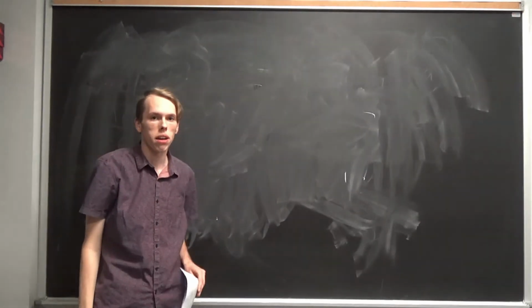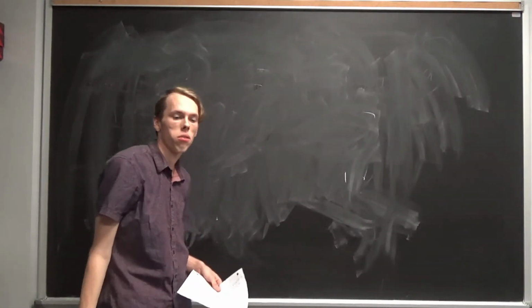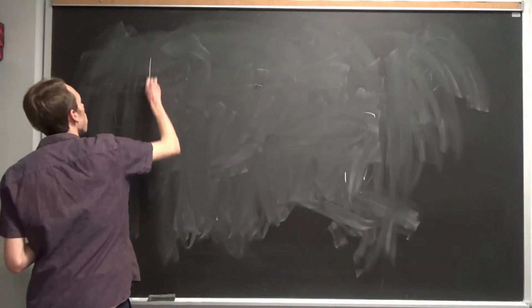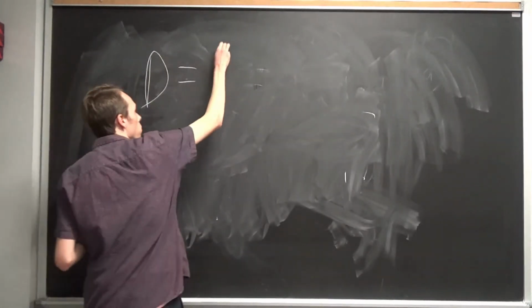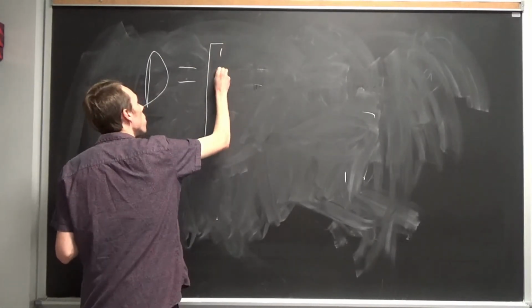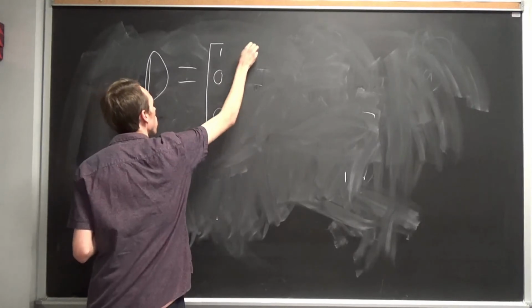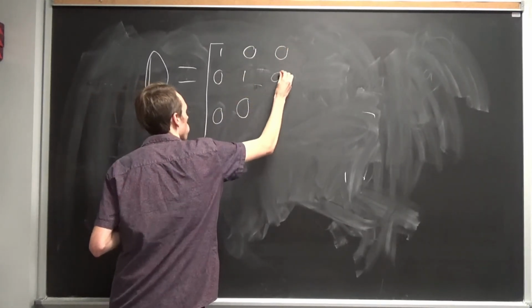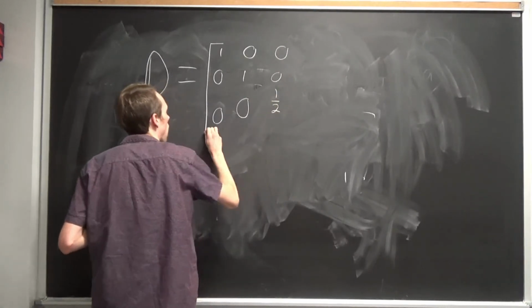Using these eigenvectors and eigenvalues, we can construct our P and our diagonal matrix D. So D is going to equal 1, 0, 0, 0, 1, 0, and 0, 0, 1/2.